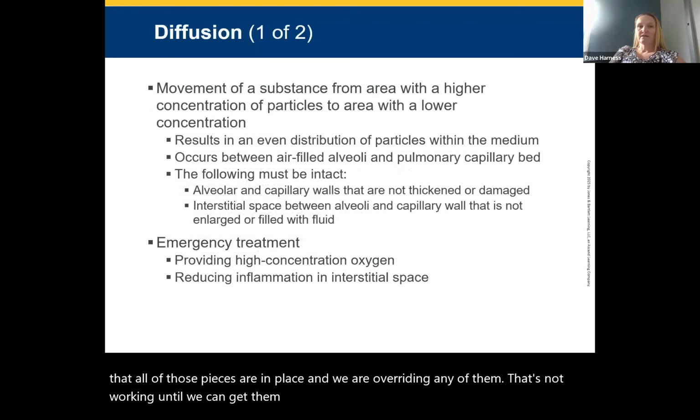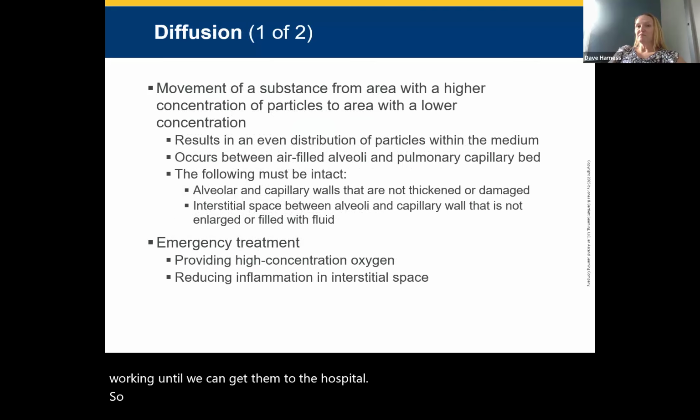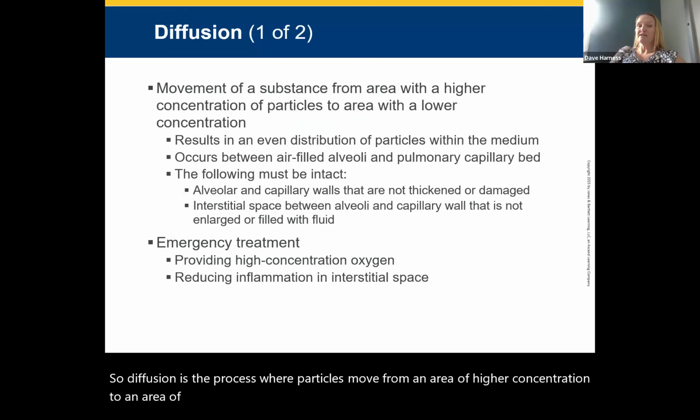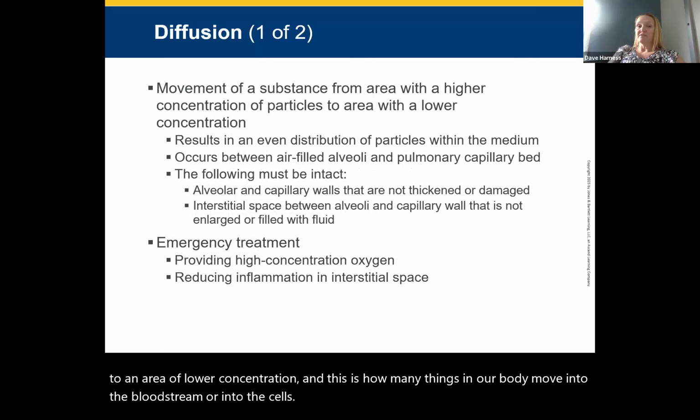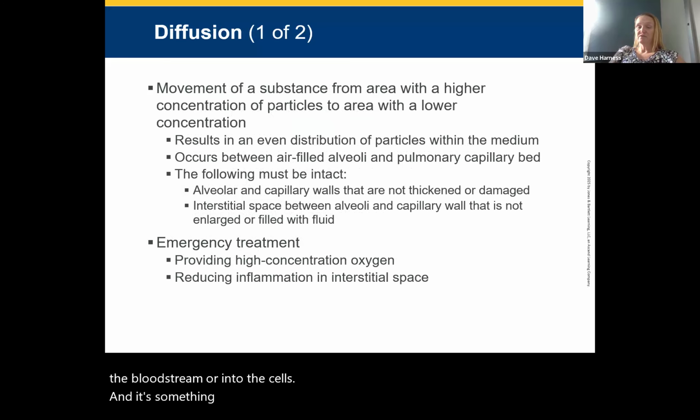So diffusion is the process where particles move from an area of higher concentration to an area of lower concentration, and this is how many things in our body move into the bloodstream or into the cells, and it's something that we can change to try to impact what gets moved.